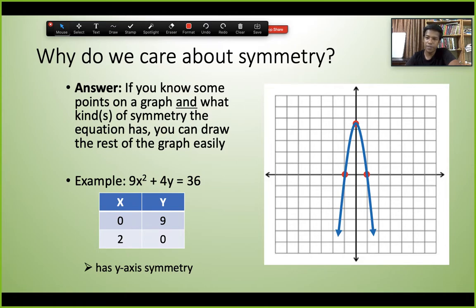As I said in some previous lesson, sometimes without even plotting all the points, by understanding more and more about the nature of the equation, we can draw it without plugging in many points. Normally, to draw a curve you need a lot of points, or else it will not be clear which direction it will go. But if we understand the symmetry and a few more things, then step by step it helps to understand the graph and to draw it more easily. So this is one reason why we care about symmetry, and one way it helps us draw the graph easily.